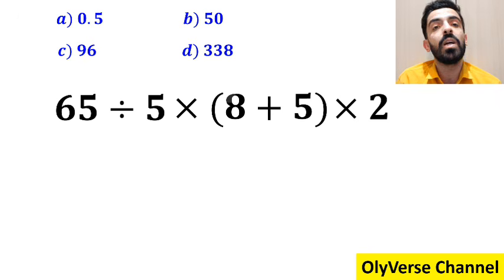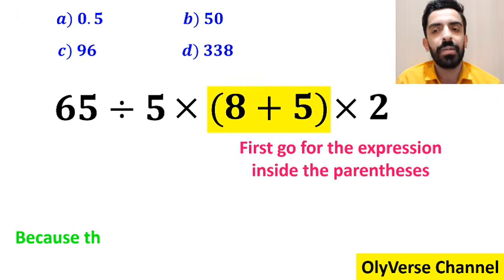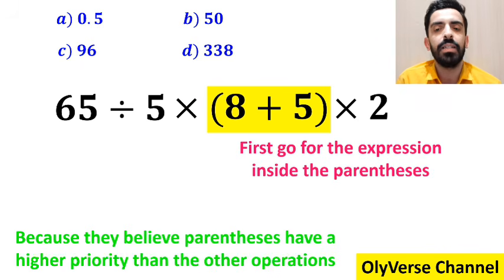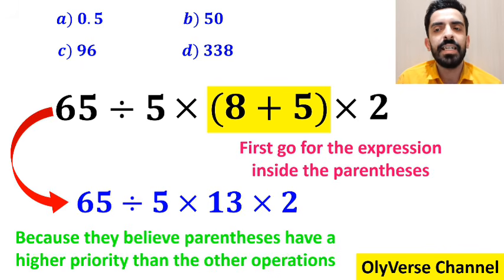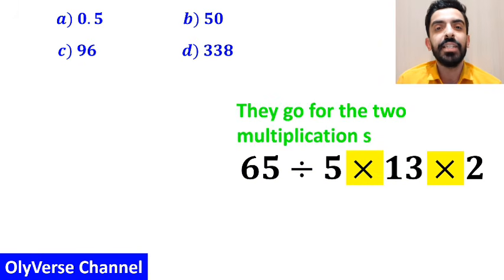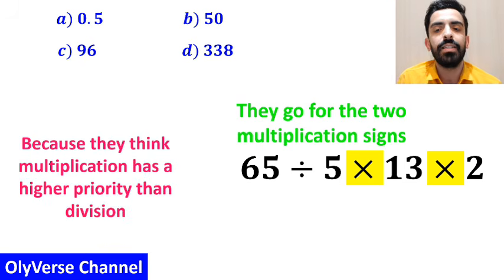Many people, when trying to solve this question, first go for the expression inside the parentheses because they believe parentheses have a higher priority than the other operations. So, they simplify this expression to 65 divided by 5 multiplied by 13 and again multiplied by 2. And the next step, they go for the two multiplication signs that I've highlighted in yellow because they think multiplication has a higher priority than division.